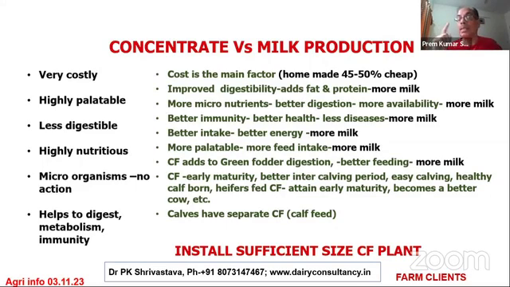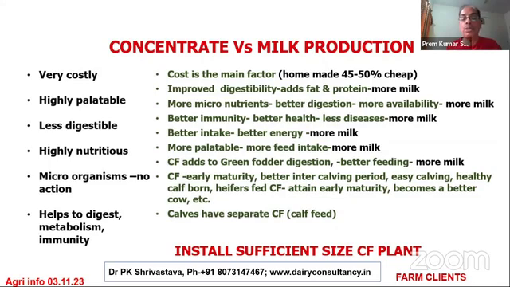An important thing to understand: green fodder alone may not be 100% digestible. It will be only 60 to 70%. If you mix it with the concentrate, along with the microbial activity and the micronutrients, this digestibility will increase. So the actual feed absorbed in the body will increase, and finally there will be more milk.